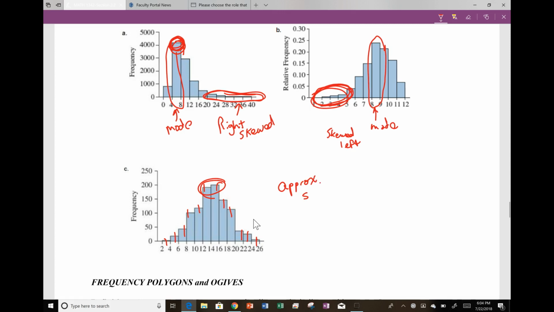You could say bell-shaped on this one because it does have that bell shape. Notice I put approximately symmetric, and that's because it's not exactly symmetric, since I don't have that single highest value right in the center. So it's not completely symmetric. Now, for my mode, I do have a single mode because you'll notice that this one is slightly taller. So this bar of my histogram is my mode.